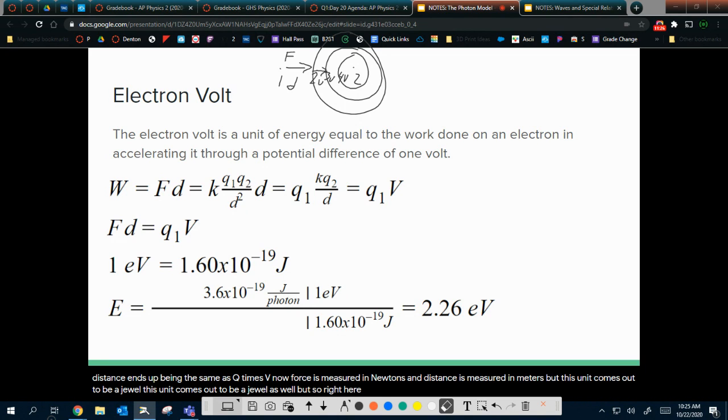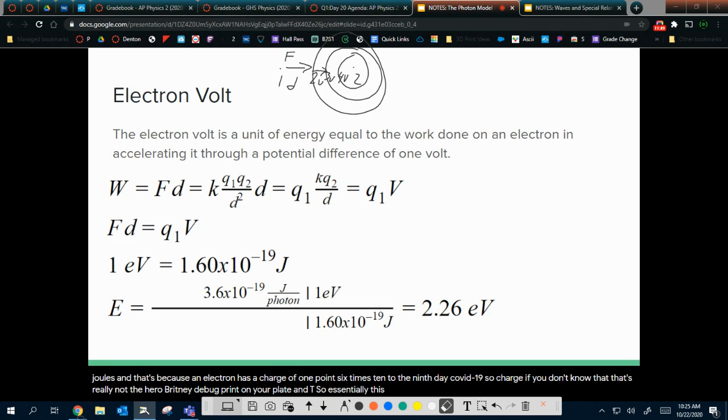So right here it says 1 electron volt is 1.6 times 10 to the negative 19 joules. And that's because an electron has a charge of 1.6 times 10 to the negative 19 coulombs of charge. If you don't know that, it's written up here, or in your book, or on your equation sheet.